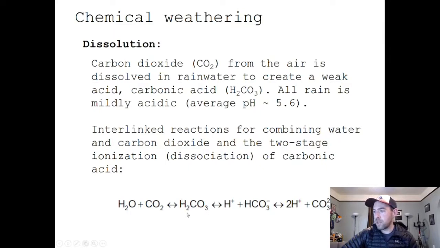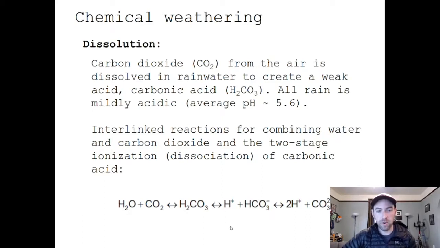You get H2CO3, which can dissociate into a hydrogen ion and a bicarbonate, or two hydrogen ions and carbonate, right? Both bicarbonate and carbonic acid here are acidic in the sense that they release these hydronium or H plus ions, which can then be available to dissolve rock, right?